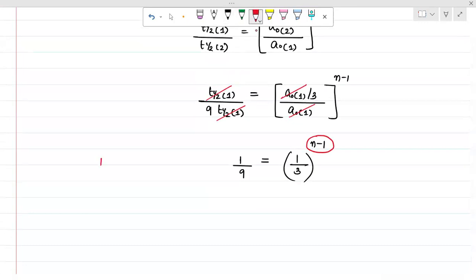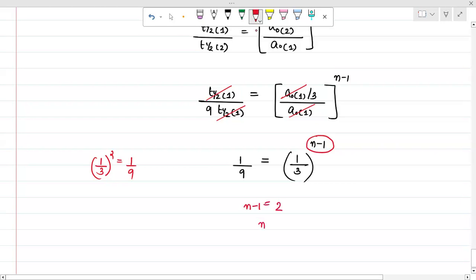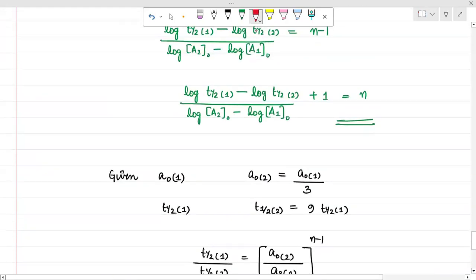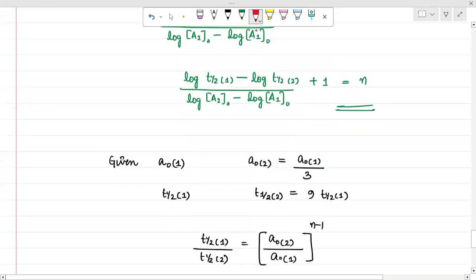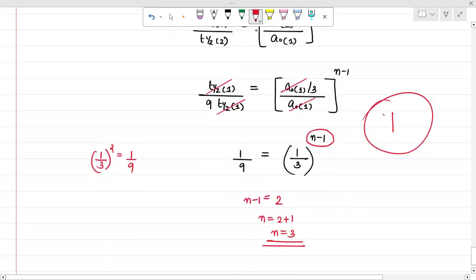We know that 1 by 3, the whole square is equal to 1 by 9. Correct? So n minus 1 is equal to 2 or n is equal to 2 plus 1. Correct answer is order 3. Option D.